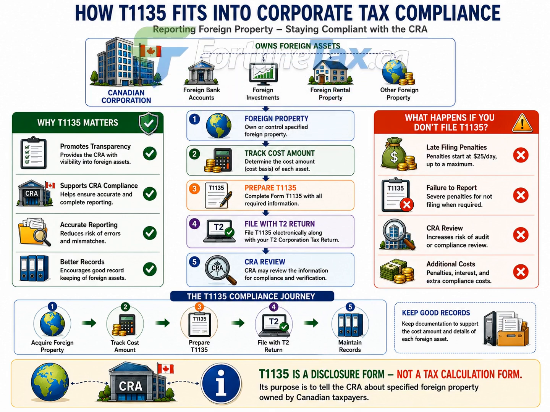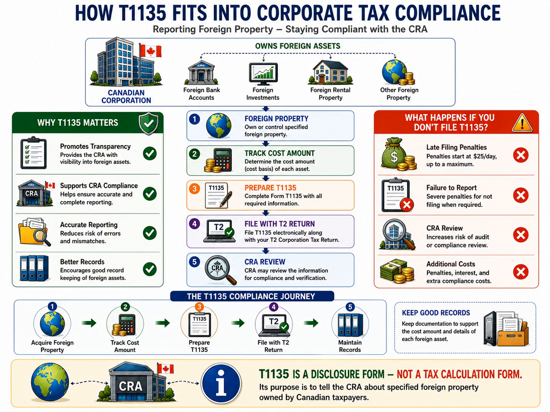After calculating the total cost amount, the corporation prepares Form T1135 by reporting the required information for each specified foreign property. This includes details about the assets, their location, and their cost amount. The completed T1135 is then filed together with the corporation's T2 corporate tax return. Although it is filed alongside the tax return, it serves a completely different purpose.